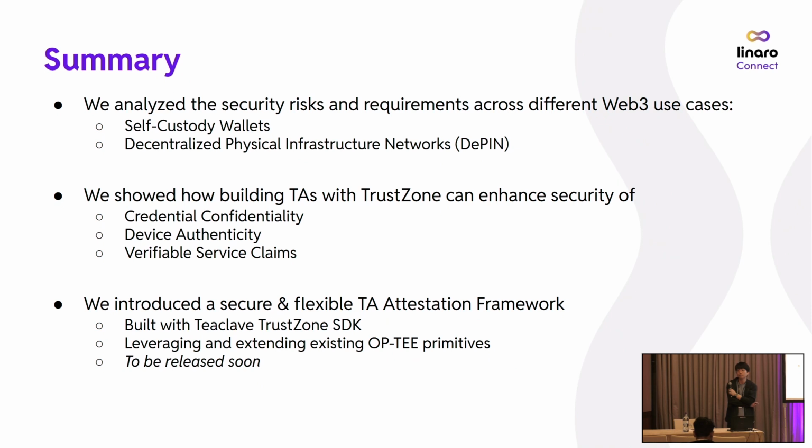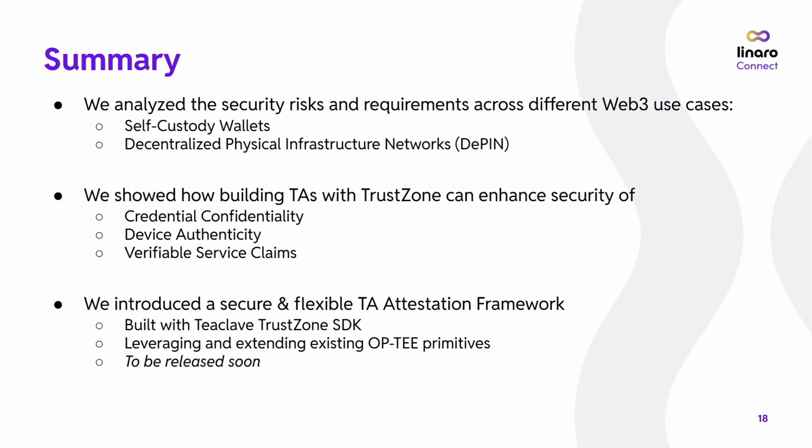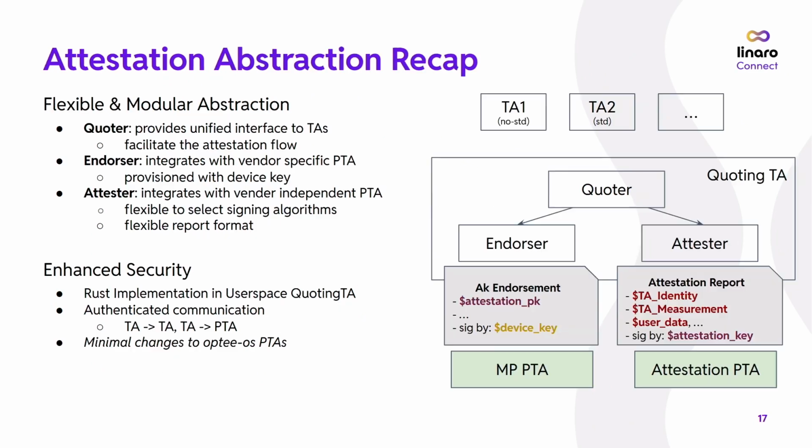So can you clarify the protocol between the relying party and the attester? Okay. In our previous experience in SGX, we were bridging the attestation report into the TLS protocol.